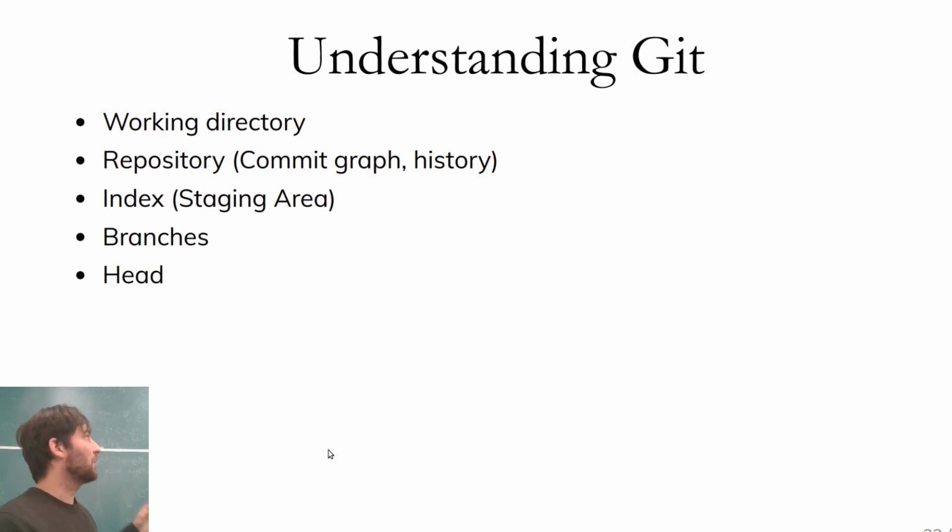The repository, which is the commit graph in the history, usually a big acyclic graph. The index, which is the staging area, the things that are going to be committed next. The branches, where they are in this repository. A branch is basically just a tag that says where you are in the history. And where head is. Head relates what's currently in your working directory to the repository.